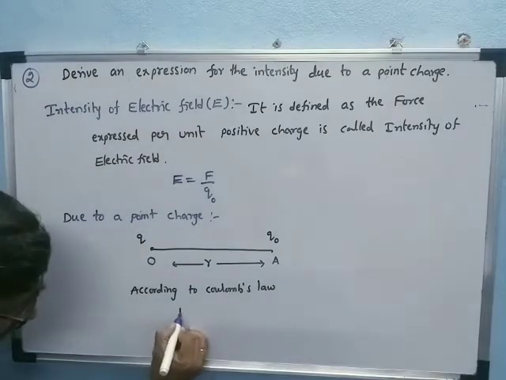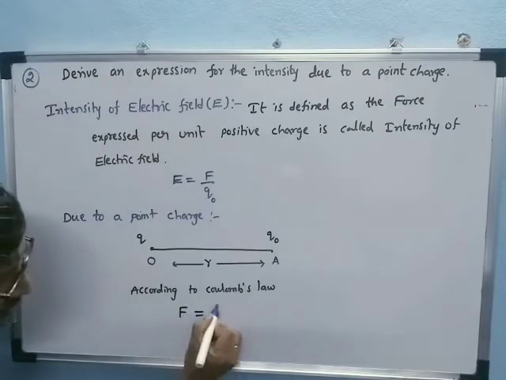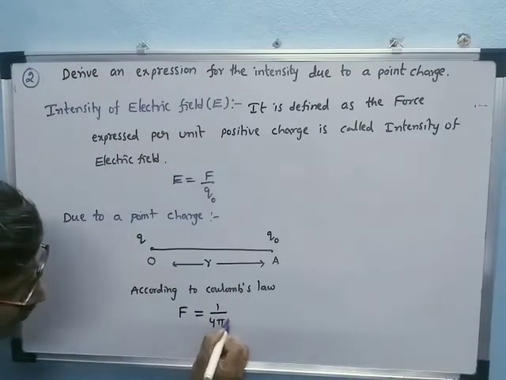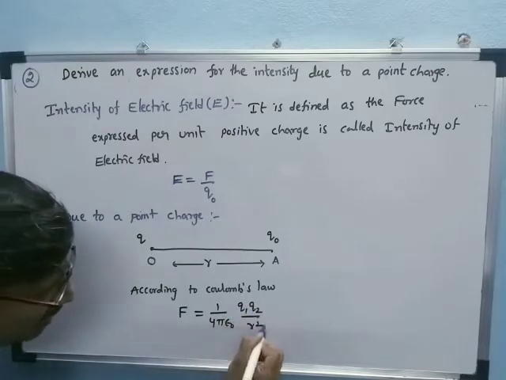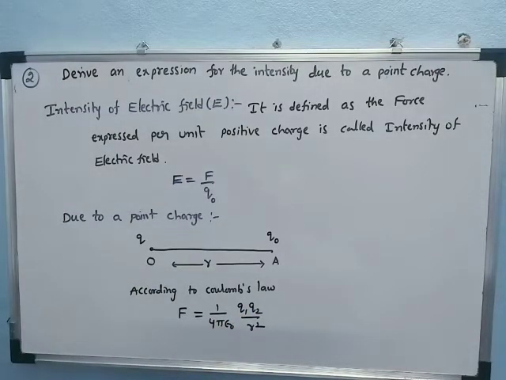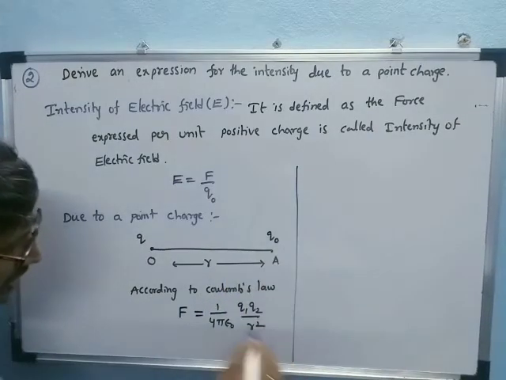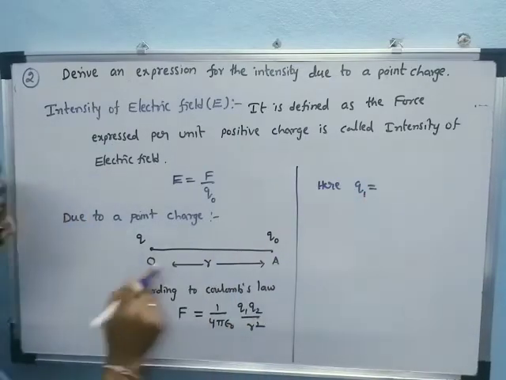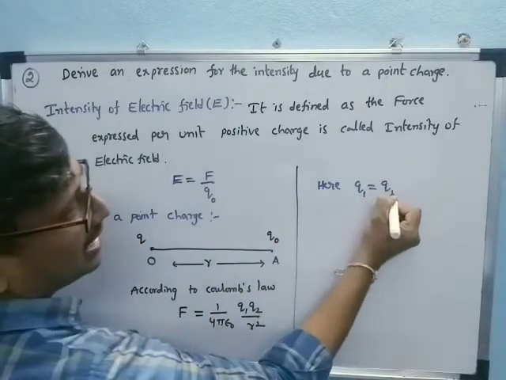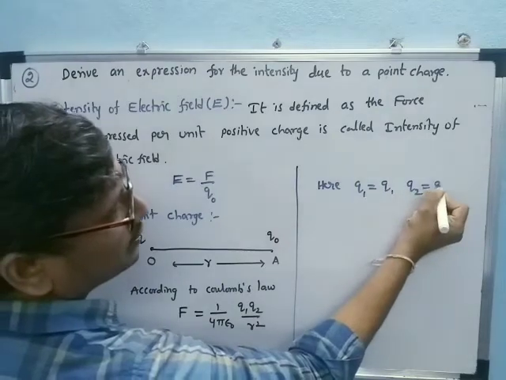Then we can write the formula F is equal to 1 by 4 pi epsilon naught Q1 Q2 by r square. This is the formula of Coulomb's law. But here, Q1 is equal to Q, and Q2 is equal to Q naught.